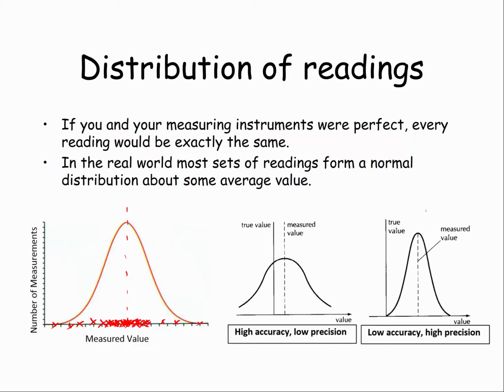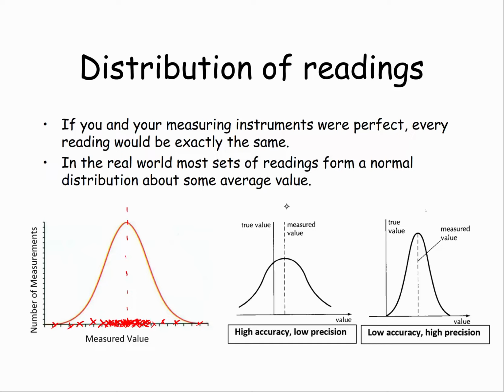And there would be fewer of them as we moved further out to the side, away from that average value. So the width of the curve tells us something about the precision of the individual measurements, how tightly they're clustered around the average value, and the position of the average value, which is the center of the curve, relative to whatever the true value is, is a measure of the accuracy of those measurements.